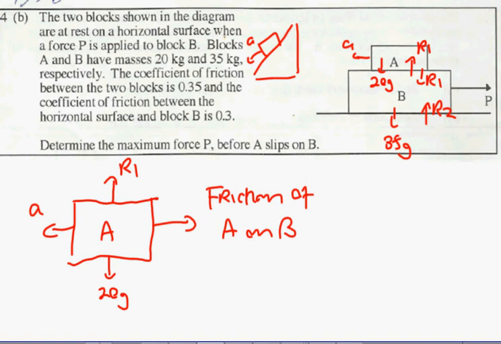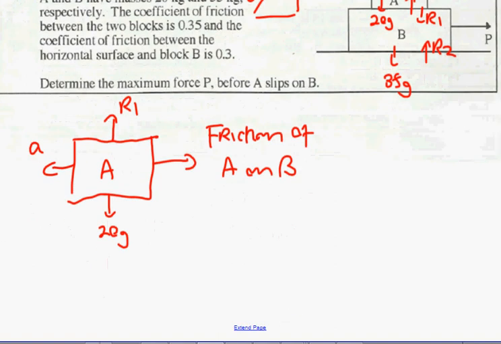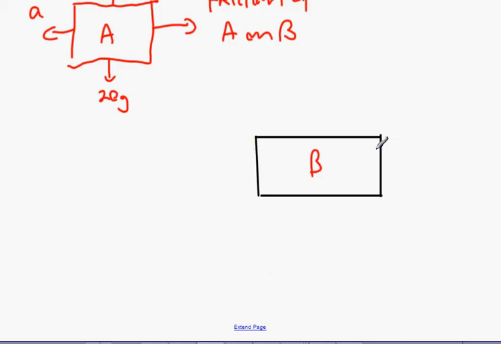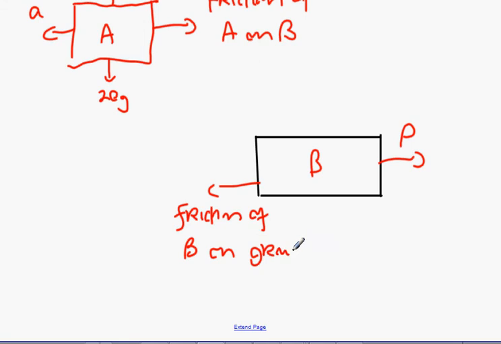Now, we're going to get B's point of view, and B's point of view is completely different to that of A's. So this particle B is going to be experiencing a force P. Opposing this motion is friction of the ground on B, and this is the one that everybody would forget: the friction of A is also opposing it.